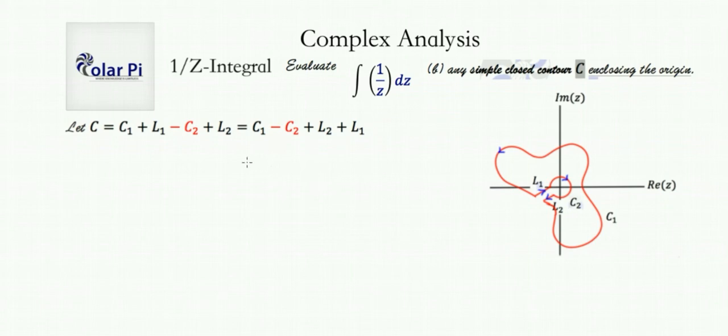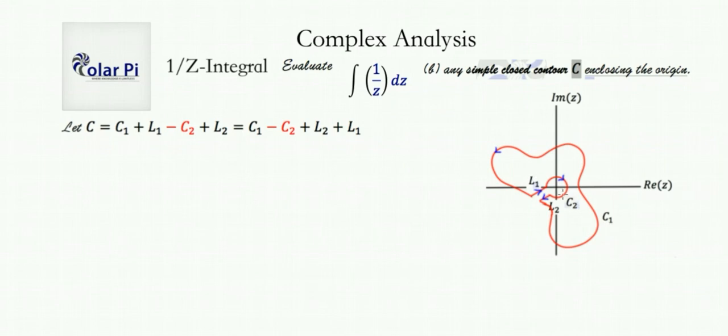And clearly, the integral over the closed contour C is going to be the sum of the integrals over these 4 contours. Now, we know from part A that since the contour C has a region enclosed where 1 over z is analytic everywhere in that region, as we have avoided that one singular point, inside of the contour C here, 1 over z is analytic.